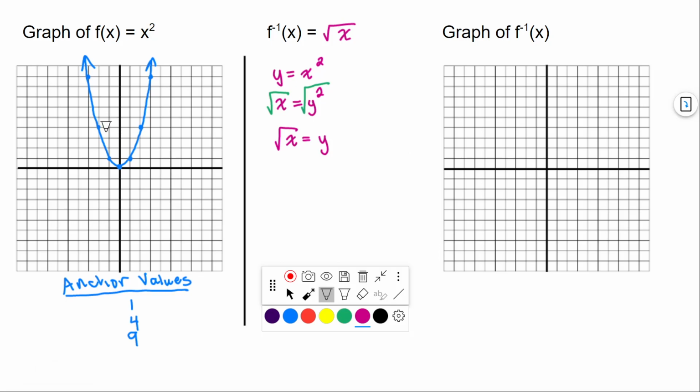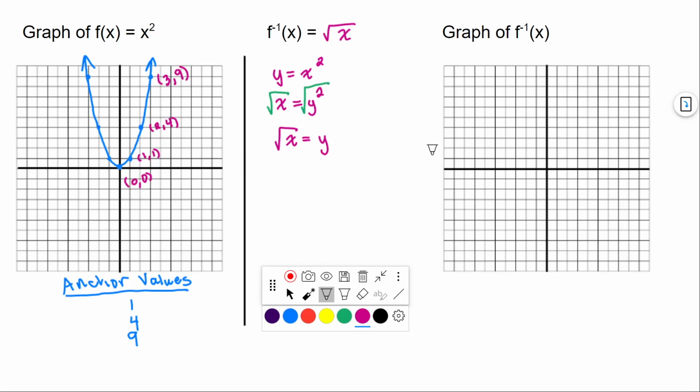Now, I can also take these points from my graph to help me plot the points for my inverse, because again, the inverse points are reverse of my function points.